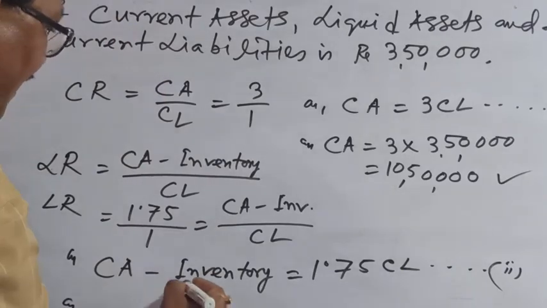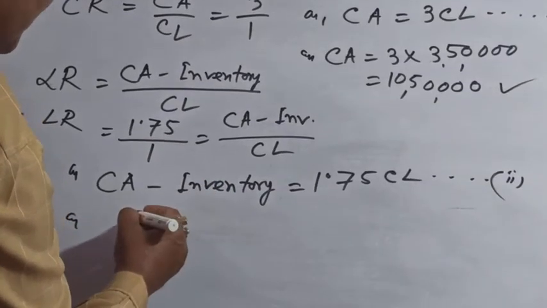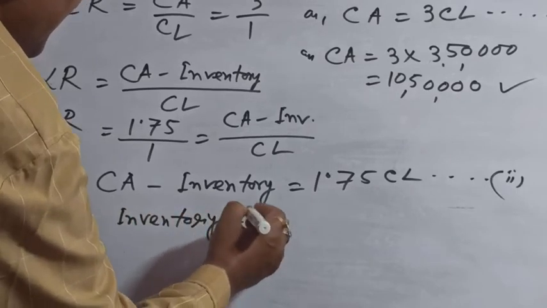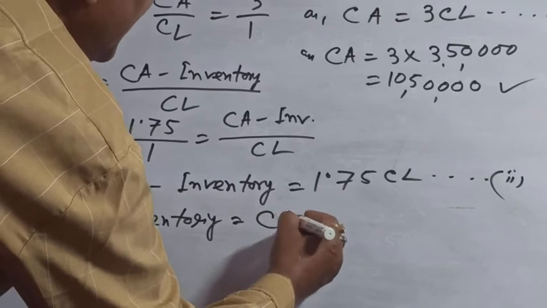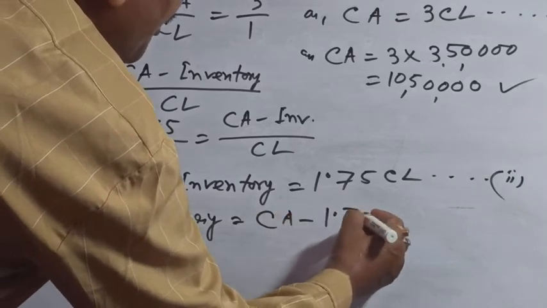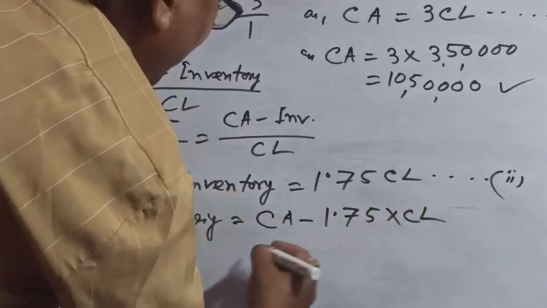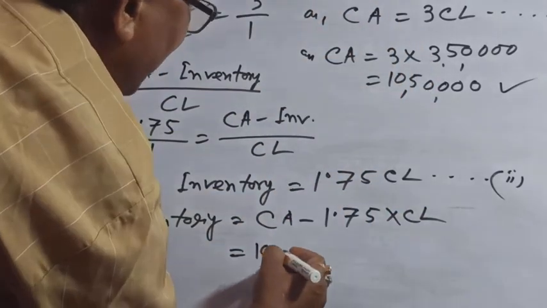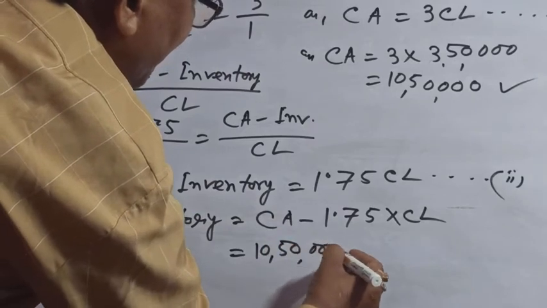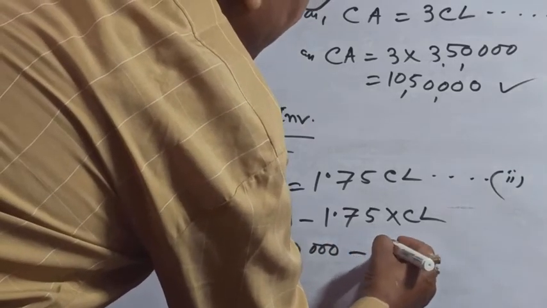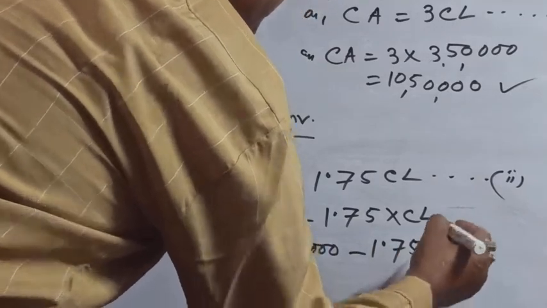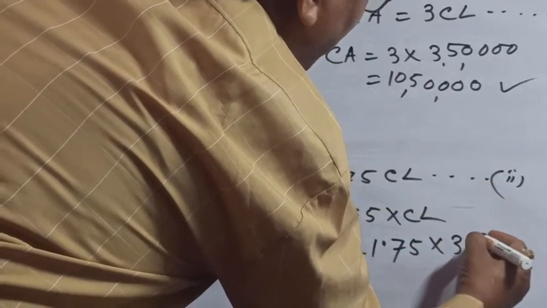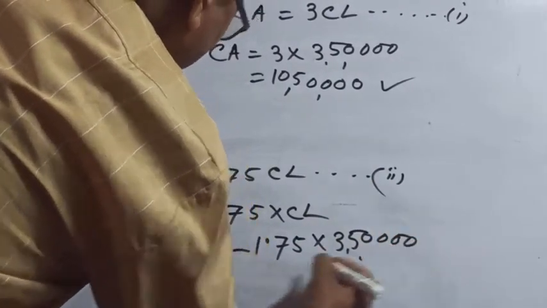Or inventory equal to CA minus 1.75 into CL. Now put the value. CA already given, 10,50,000, minus 1.75 CL, all given in the question, 3 lakh 50,000.